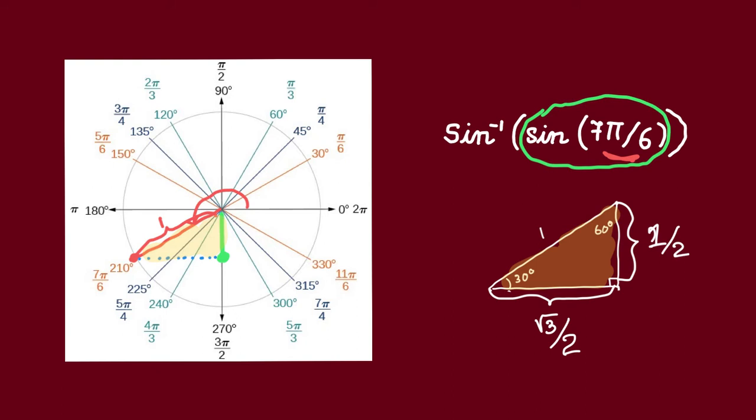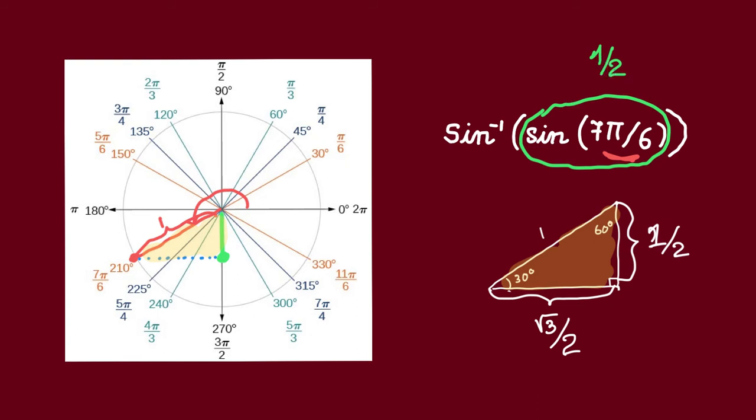So with this information, can you tell me, what is sine of 7 pi over 6? What is the y-coordinate here? Now, some of you will say that, okay, look, this side here is exactly equal to this, so sine 7 pi over 6 must be 1/2. And what's wrong with this answer?